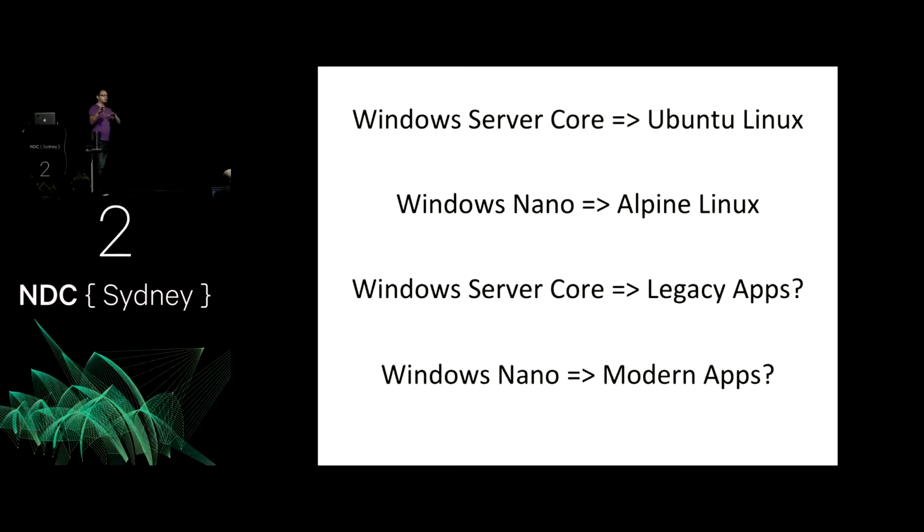If you compare these two new operating systems to Linux, Windows Server Core is like the big proper operating system like a Red Hat or an Ubuntu or CentOS. It's got all of the libraries, all of the APIs, it's got legacy backward compatibility, and it will run pretty much most applications. Windows Nano is kind of like the new cool Alpine Linux.